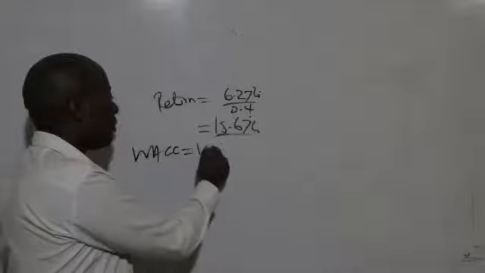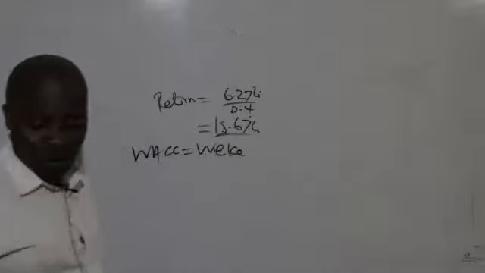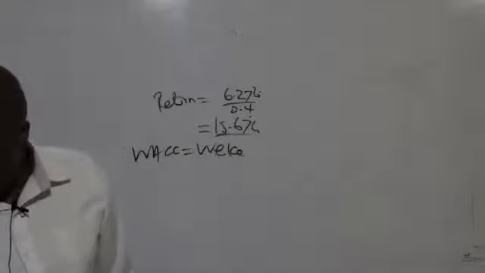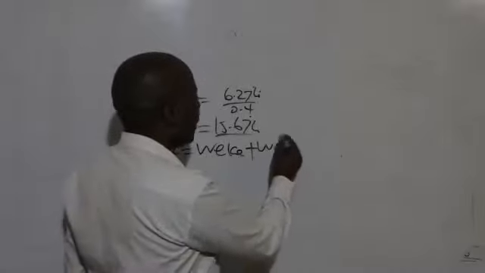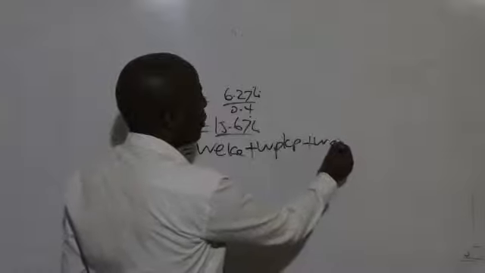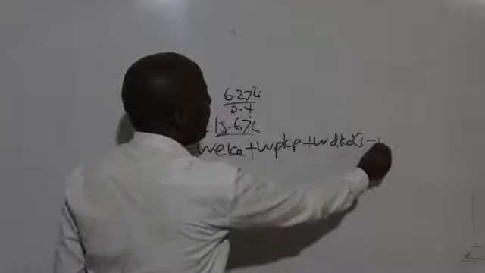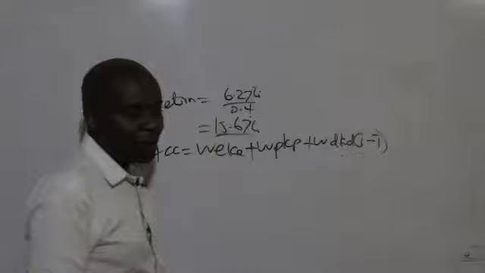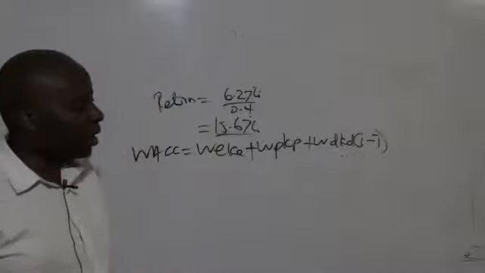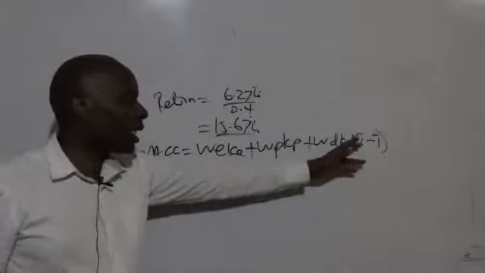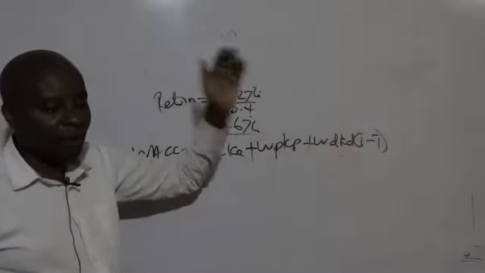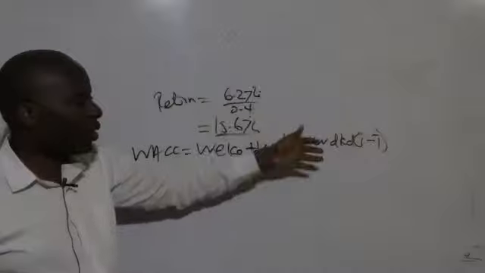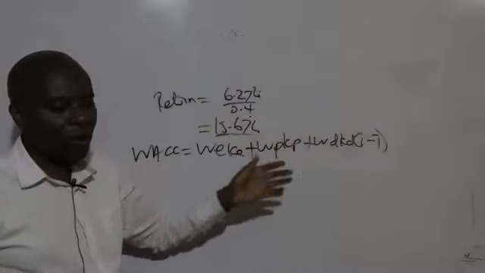It will be weight of equity, cost of equity, plus weight of preference, cost of preference, plus weight of debt, cost of debt. But remember, cost of debt, unlike the others, has to be tax deducted. Because debt, we normally pay interest, and that interest is tax allowable.